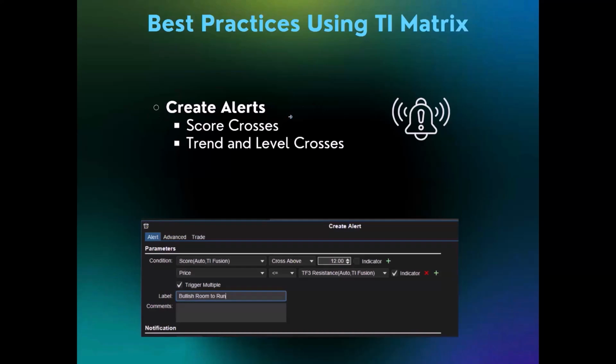Perhaps you want to see once the score switches from bullish to bearish, or passes a certain threshold of a bullish score. For example, you can create an alert that says, hey, alert me on the daily chart of Intel once the score crosses 0 to the downside, which means we've now distinctly started to turn bearish.